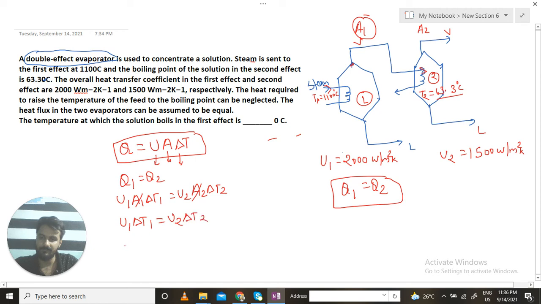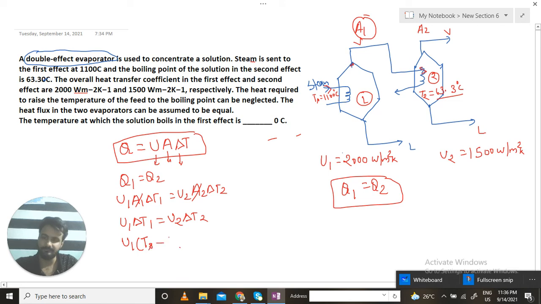Now how to write ΔT1? So you can write U1 (Ts minus T1) is equal to U2 (T1 minus T2), because ΔT1 is the temperature difference in the first effect, and ΔT2 is the temperature difference in the second effect.